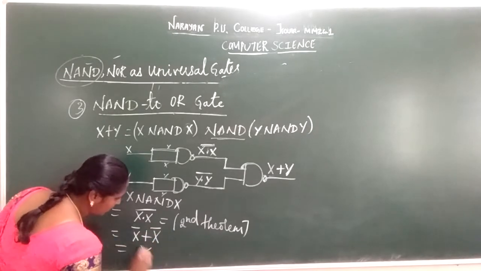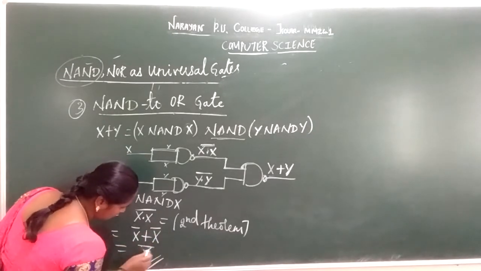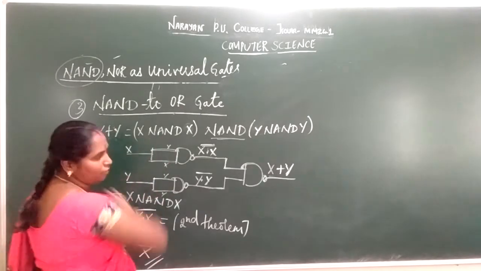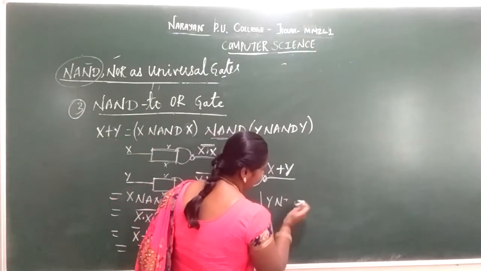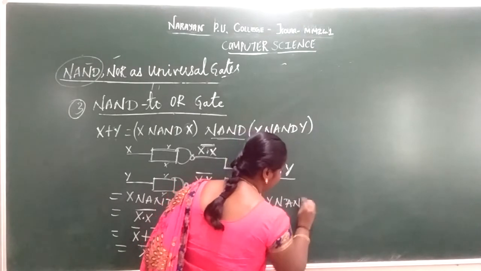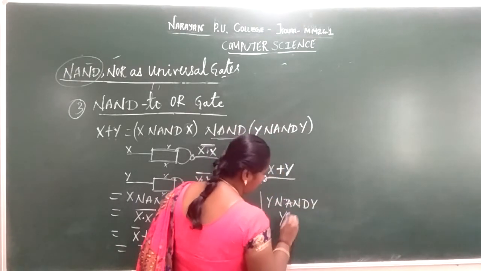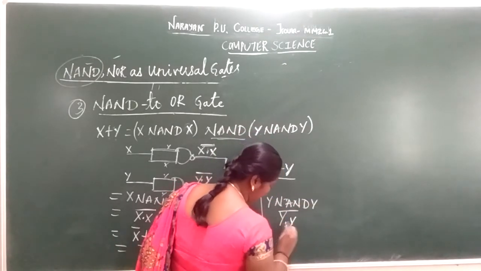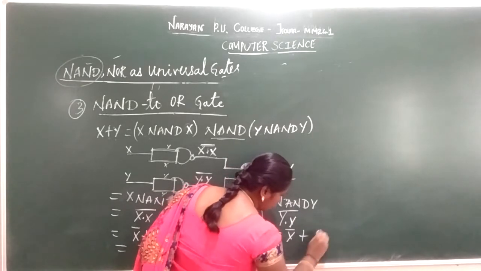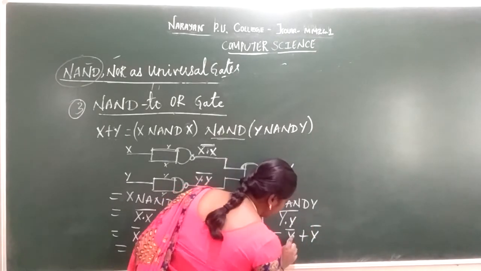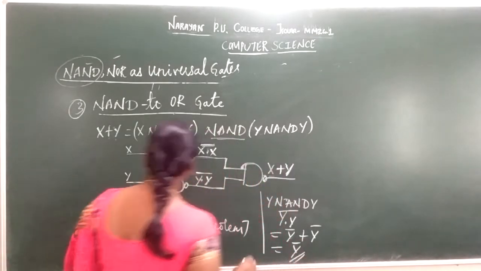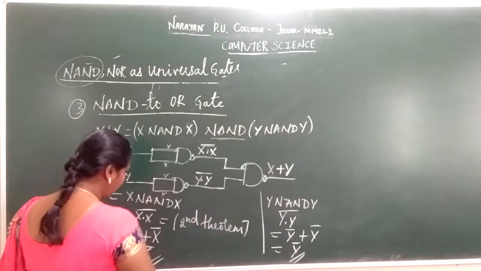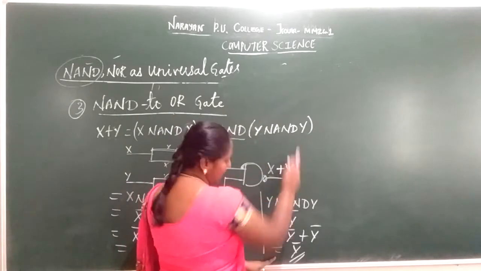That is nothing but x bar. Okay, this is for x NAND of x. Next we will see y NAND of y. Again y NAND of y, y into y the whole bar, is nothing but y bar. So you have solved x NAND of x as x bar, and y NAND of y as y bar.